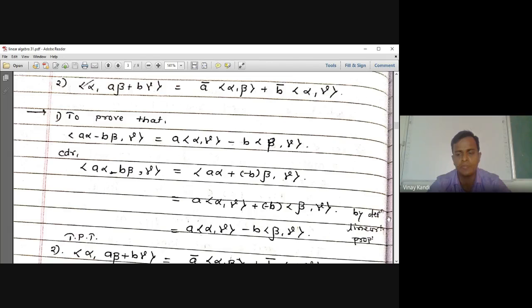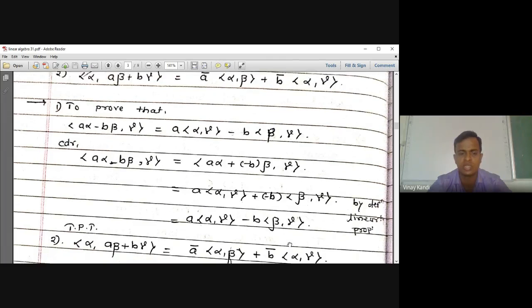By which property? By the linearity property of inner product space. Here they given that V is an inner product space, hence V over F satisfies all four properties of inner product space. This equals A inner product of alpha gamma minus B into inner product of beta gamma. This is the first statement.